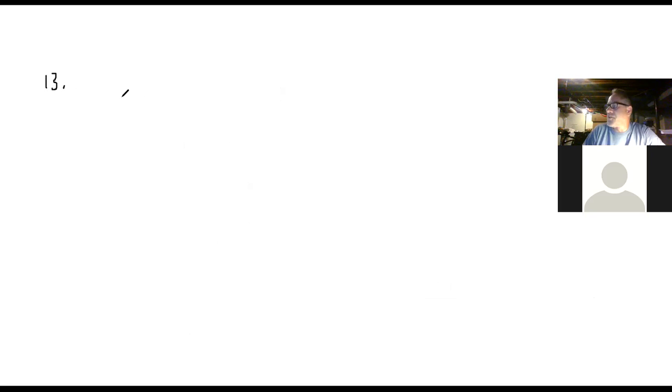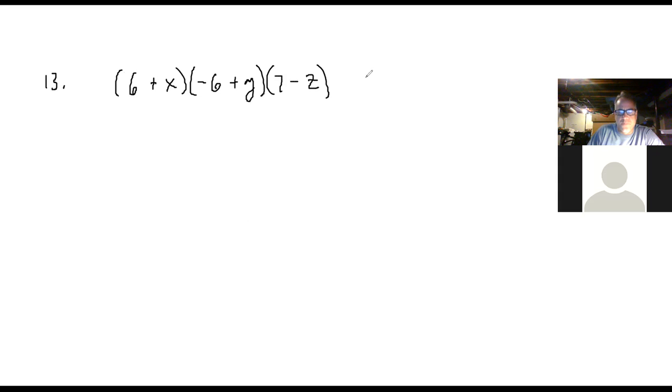All right. So the very next problem, number 13, you're given the expression 6 plus x times the quantity -6 plus y times the quantity 7 minus z.